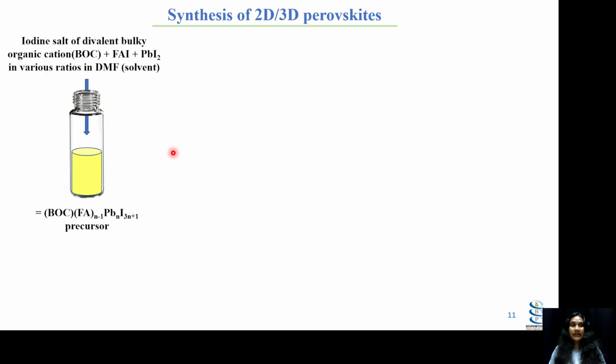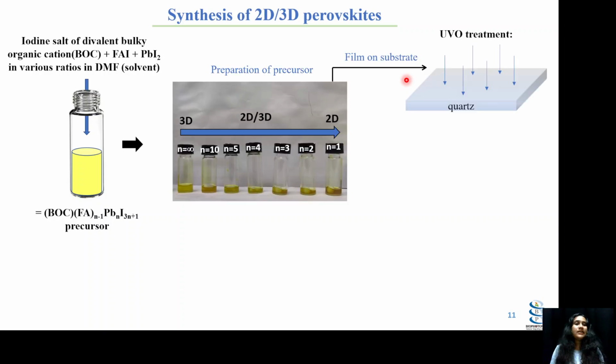Next, we grow a film using these precursors on suitable substrates. I chose my substrate to be quartz since I intended these for optical characterizations. After UVO treatment of the quartz substrate, I drop about 40 microliters of these precursors and then anneal them at higher temperatures in 2 steps in order to obtain a perovskite film on the quartz substrates.